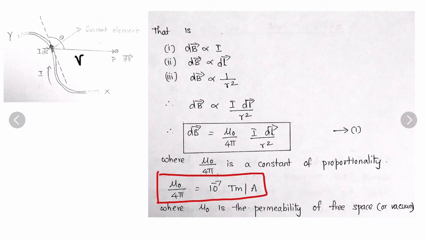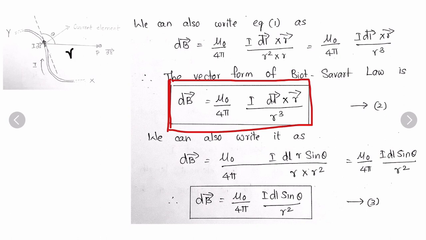The second form is the vector form, which I have kept in the red color box, mu 0 by 4 pi IdL bar cross R bar by R cube. Then the third form, which I am keeping in this blue color box, is mu 0 by 4 pi IdL sin theta by R square. Depending upon the numerical, you can use the appropriate formula. So this is about Biot-Savart's law.